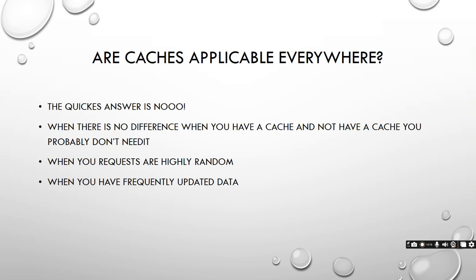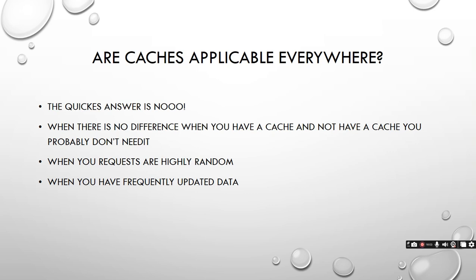Why? Because every time you update it, you have to access the database. So if you have to access the database every time, why do you even need the cache? So caches may not be applicable when you have highly random data, for example messages. It kills the essence.